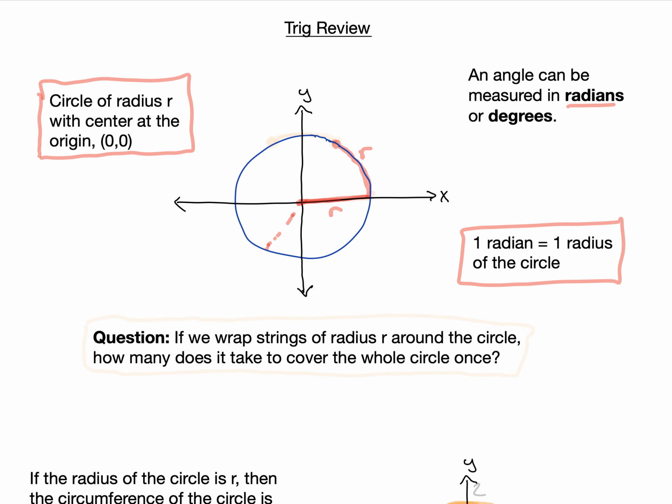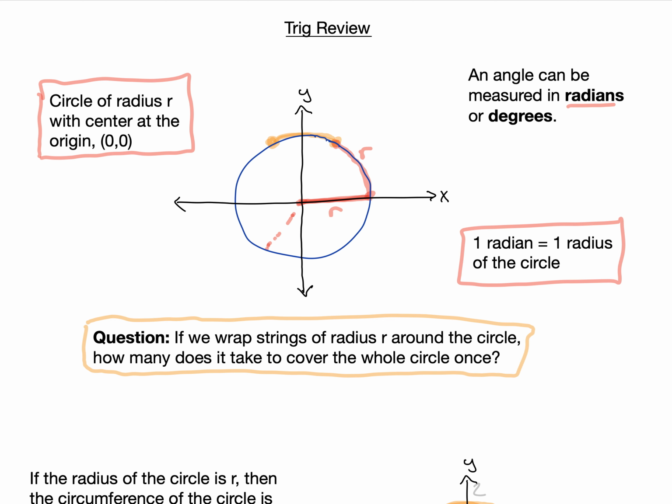We could lay another little string of length r onto the circle. And so here is my question for you: if we wrap strings of length r around the circle end to end, how many will it take to cover the whole circle once?